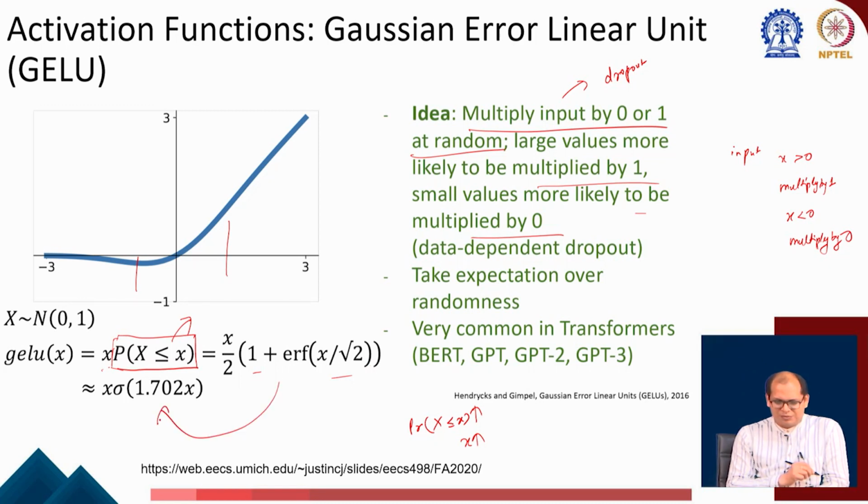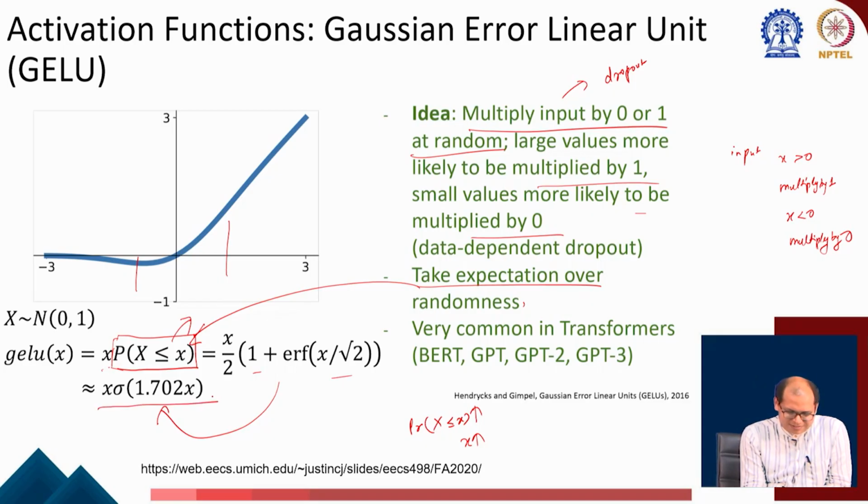Now in the paper they showed that you can approximate this and make it something like deterministic. They do many things. For example, first of all they say you randomly multiply a value by 0 or 1 depending on the particular value, and you can take an expectation over the randomness, and that is where you get this. Now you take an approximation for that, and you have a term like this, which looks interesting: x times sigmoid of some scalar multiplication of x.